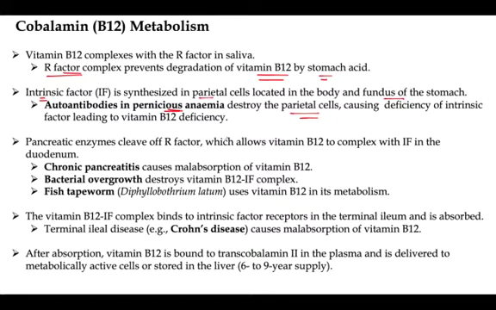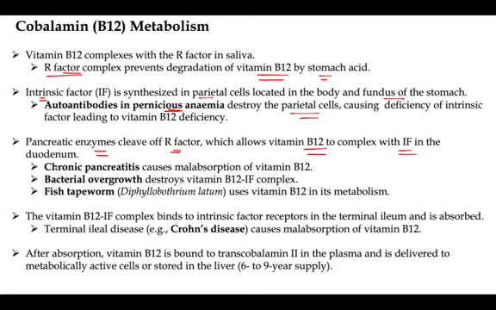So what happens is that the pancreatic enzymes cleave off the R factor, which allows vitamin B12 to bind to the intrinsic factor in the duodenum. So once the R factor B12 complex passes from the stomach into the duodenum, the pancreatic enzymes will cleave off the R factor such that the B12 can bind to the intrinsic factor.